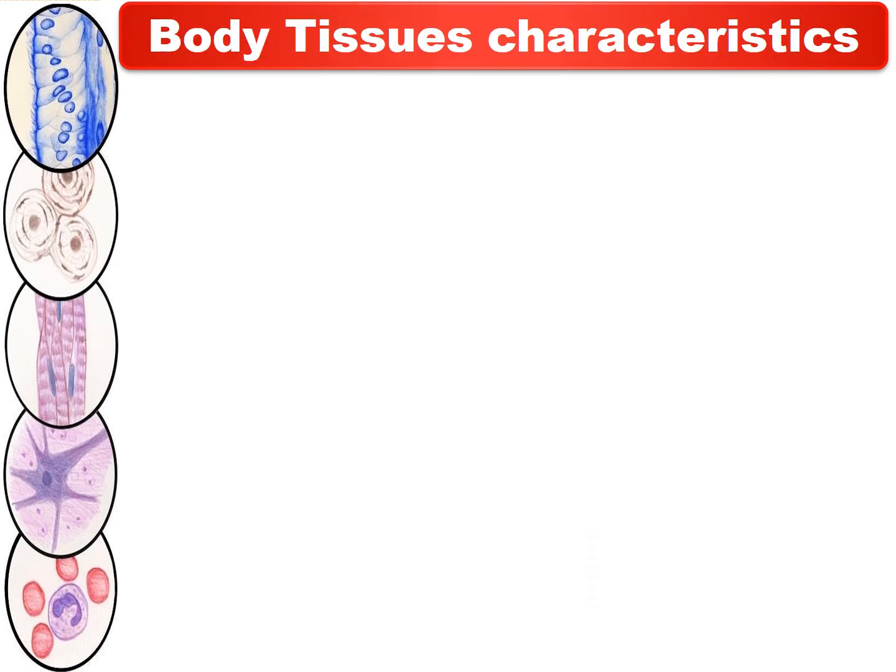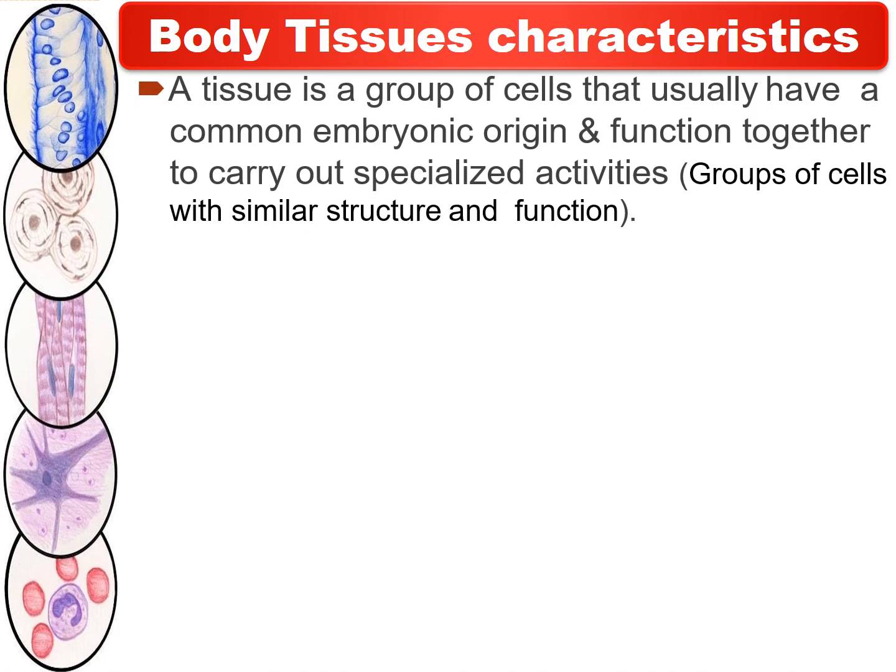So let us see the characteristics of body tissues. Here a question arises again: what is tissue? Wait a minute and think, you will get its characteristic features also. So what is tissue? A tissue is a group of cells that usually have a common embryonic origin and function together to carry out specialized activities.